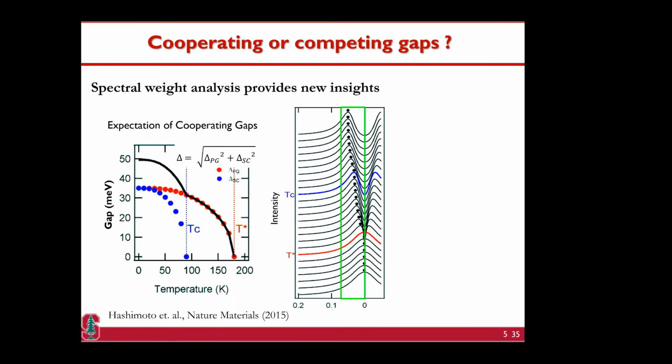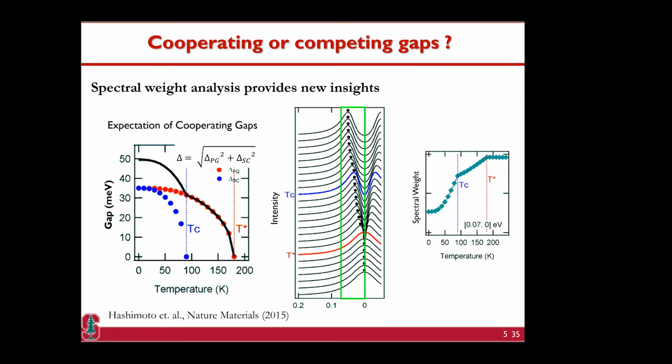Again, if you segment the spectrum with different temperature windows and look at the low energy for now, you would expect the following. If you look at the spectral weight in this kind of window, at T star, when the pseudogap happens, you should see the spectral weight decrease.